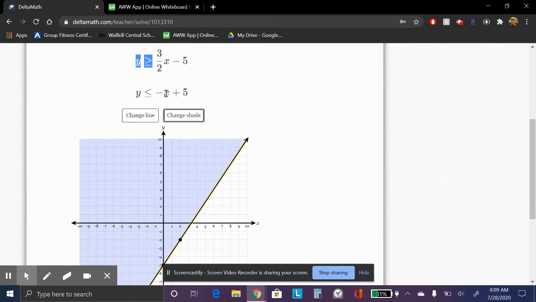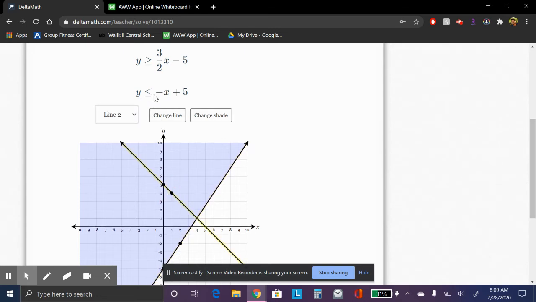Now with this one, I start at +5, and the slope is -1. Remember, whenever you have a number out in front, it's always over 1. So it's negative, down 1 to the right 1, right there. Again, equal sign, solid line, and this one I am shading below.